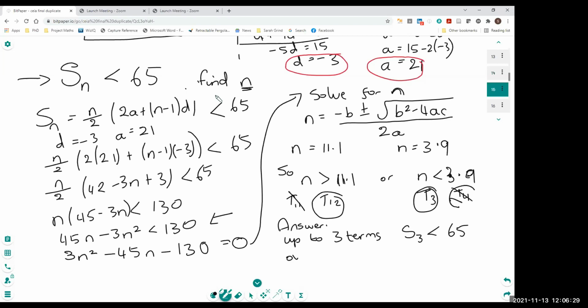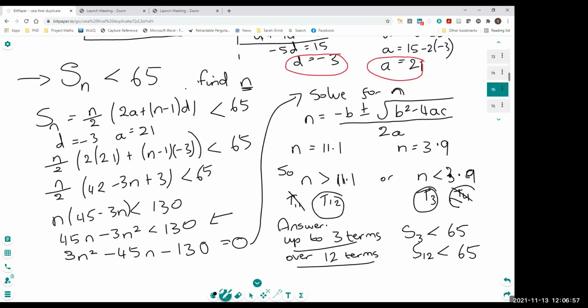But over 12 terms, the sum is less than 65 also. But they're your solutions to the question.